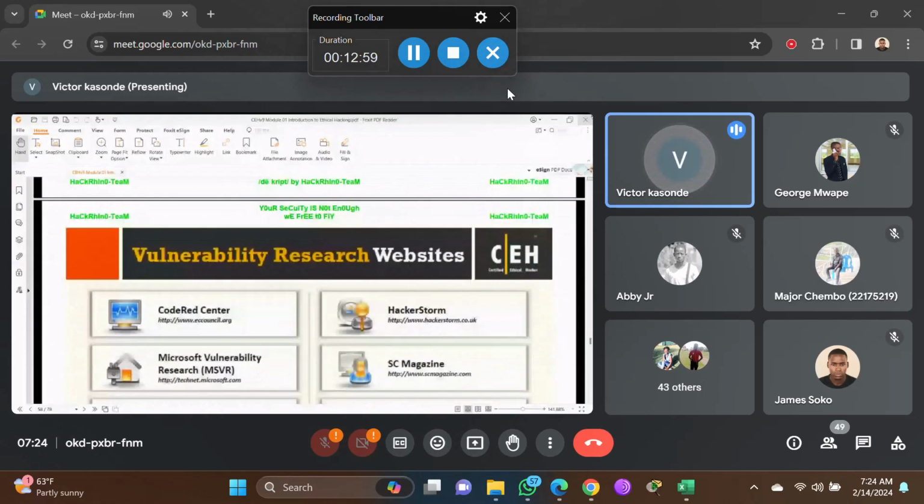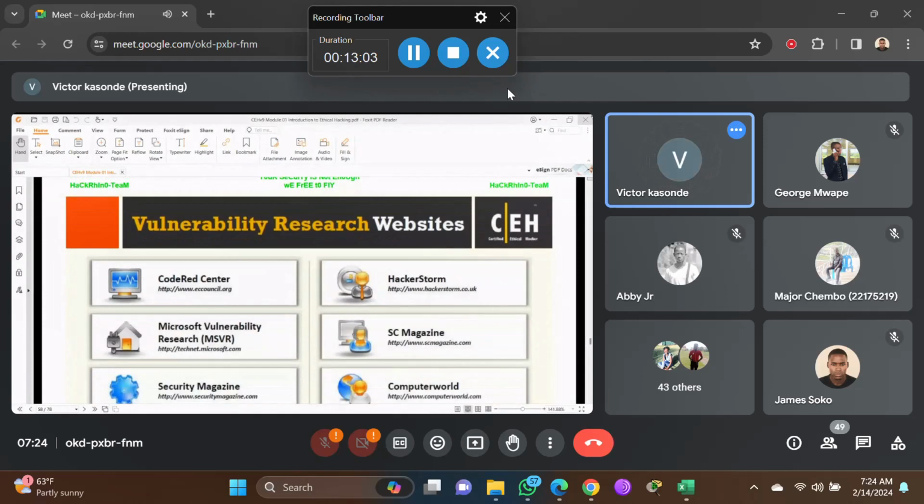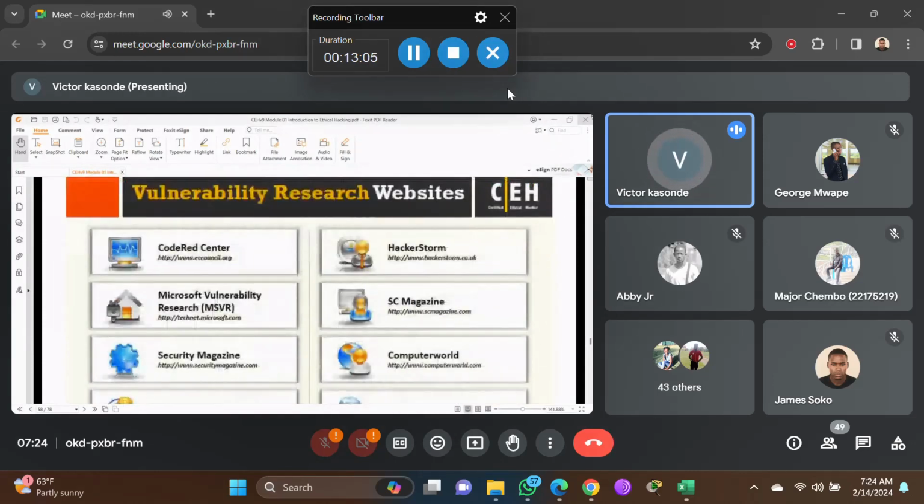There are also vulnerability research websites. You can visit my website and try to read some of the things. There is Microsoft vulnerability, there is CSC magazine.